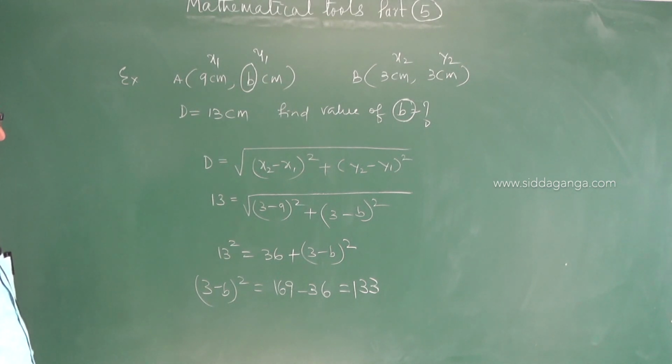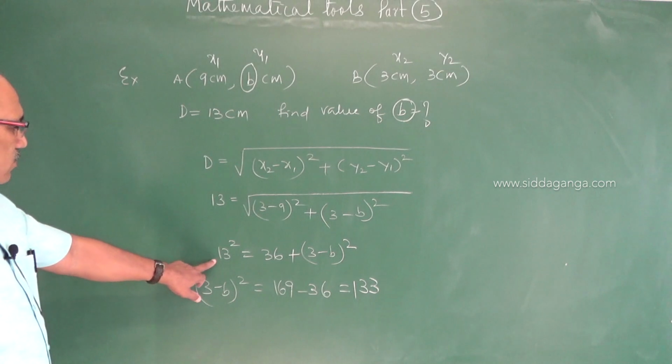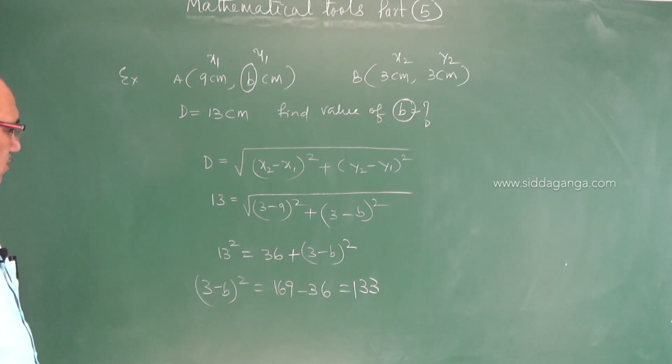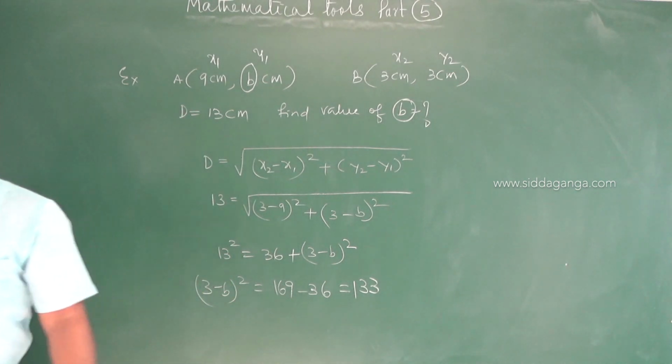Maybe we have to select suitable data, right? 13 square is 169. Possible, but I want to get a simple one, so I will check the data a little.